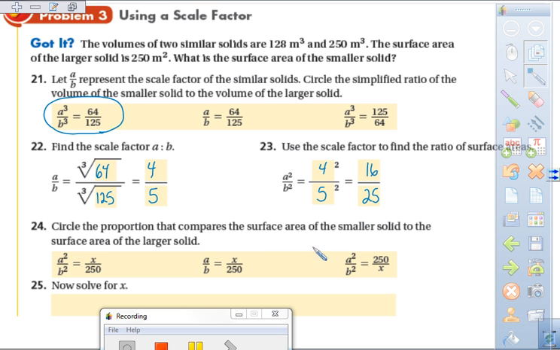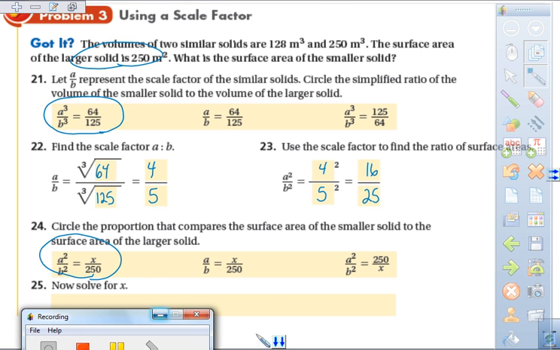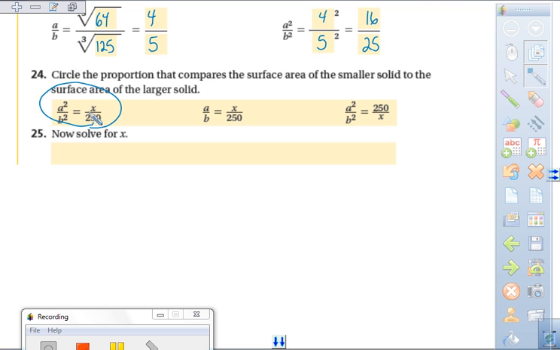Number 24, circle the proportion that compares the surface area of the smaller solid to the surface area of the larger solid. We were told that 250 stands for the larger solid. So again, we're doing surface area, so we're working with this one. And now we need to take that proportion and solve it. So to get x by itself, we'd have to multiply by 250.